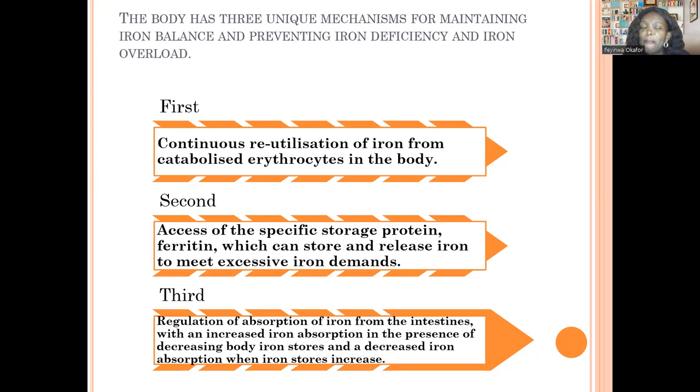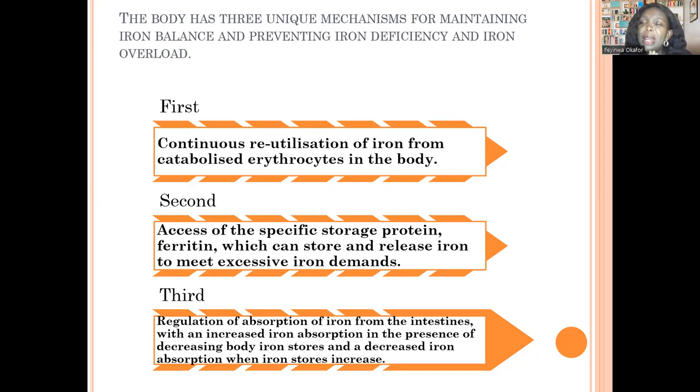Now, at this point, regulating iron absorption at the point of the intestine, that is where iron is being absorbed at the proximal duodenum, and also the releasing of iron that has been stored in storage proteins like ferritin and hemosiderin, is being tightly regulated by a protein called hepcidin.